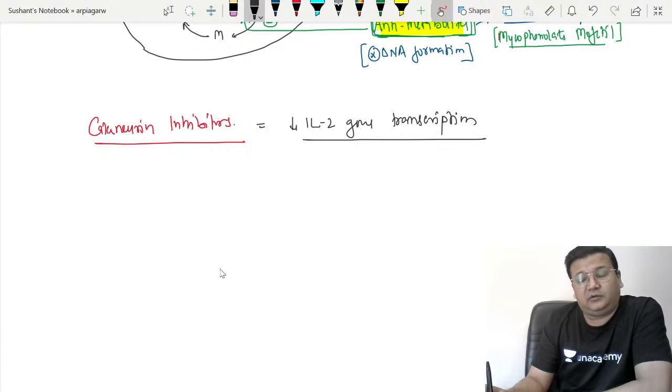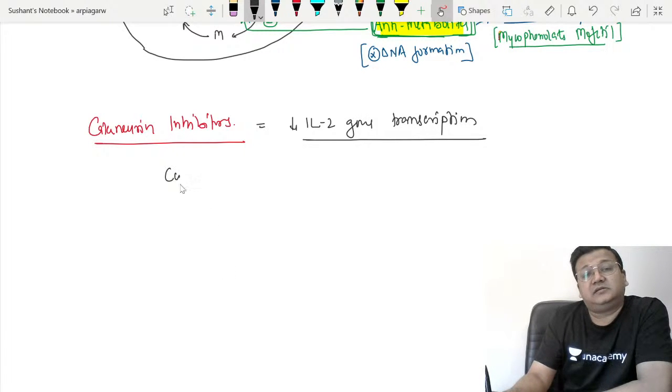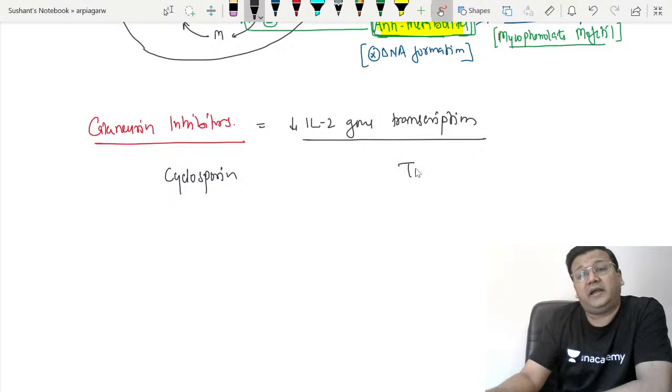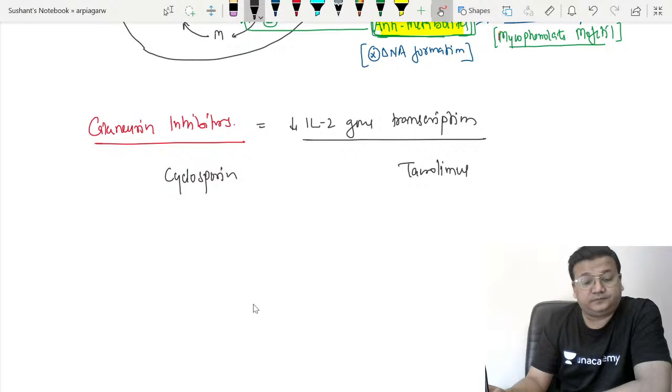They will decrease interleukin 2 synthesis. Cyclosporin and tacrolimus are the two main drugs. Cyclosporin, tacrolimus. Prabhakar, everolimus will come to. Prabhakar, everolimus is used in stent. We'll come to that. That is when we are discussing the nitty-gritties. So what you have to remember here, cyclosporin, tacrolimus.